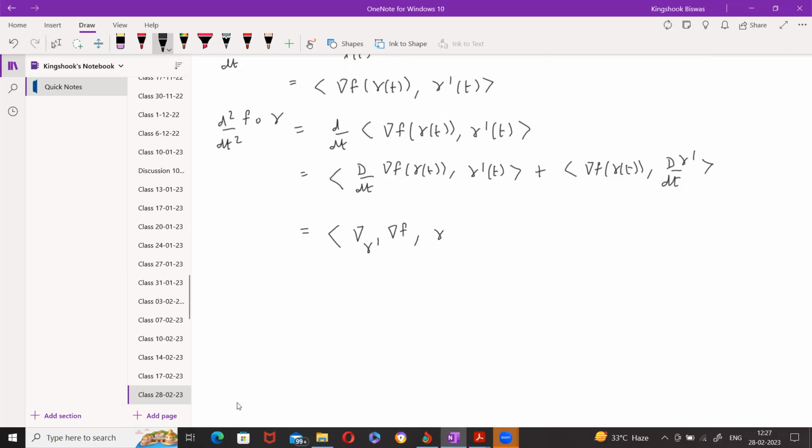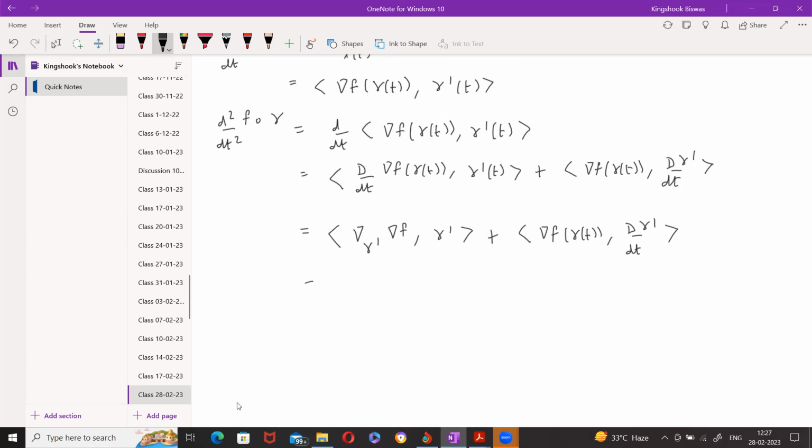Inner product with gamma prime, plus inner product grad f at gamma, inner product with capital D sub dt of gamma prime, right? So what is the first term?